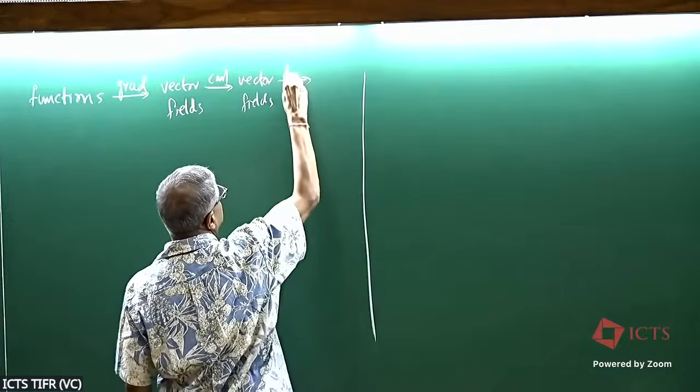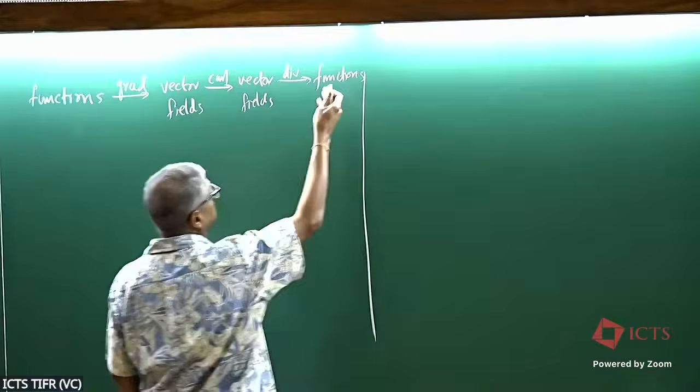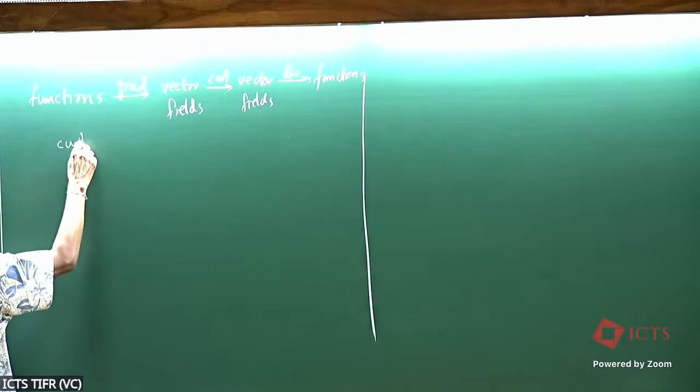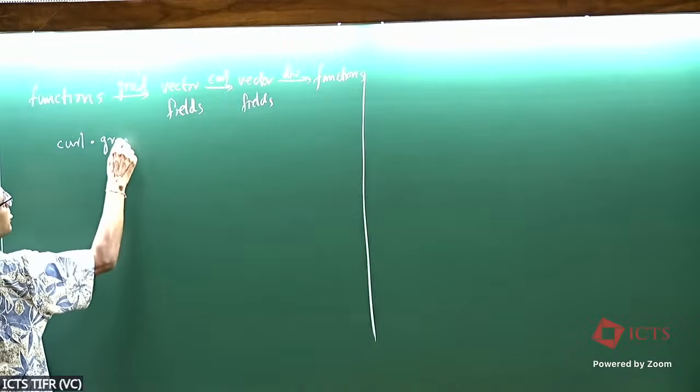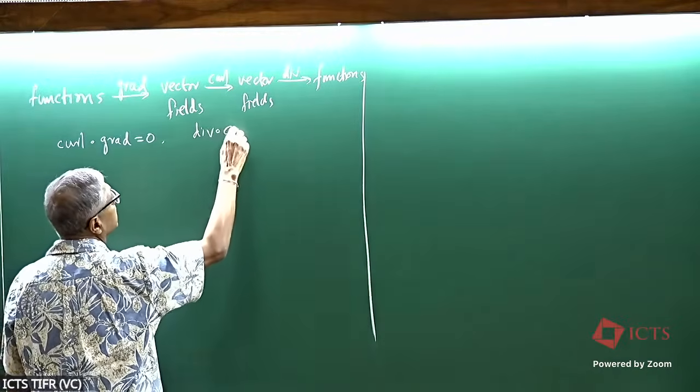And you do divergence, you get functions again. Some people like to call those densities. But one important feature of vector calculus is that curl of grad is 0, and that divergence of curl is 0.